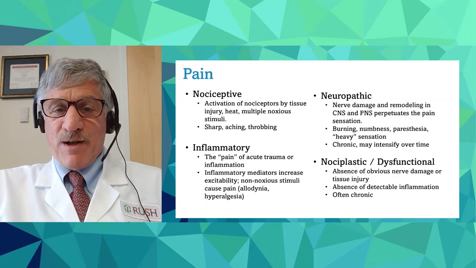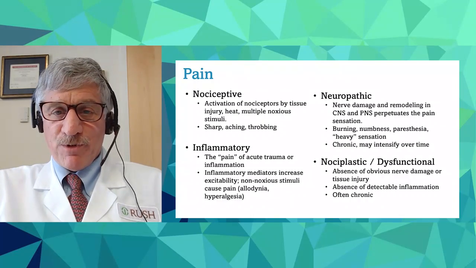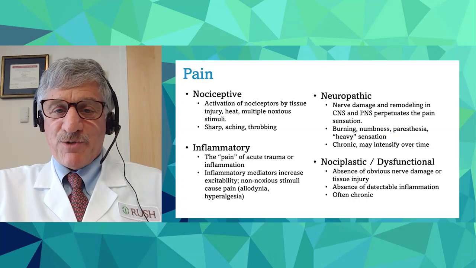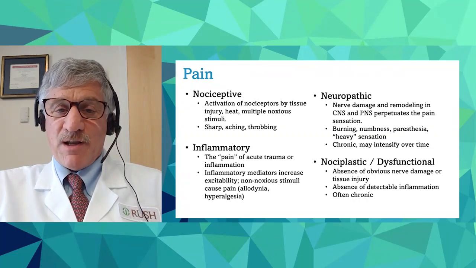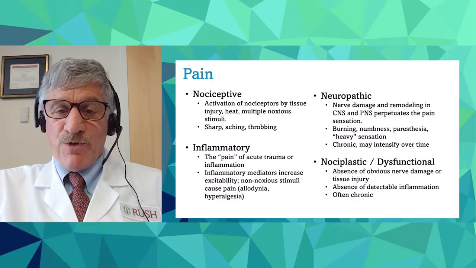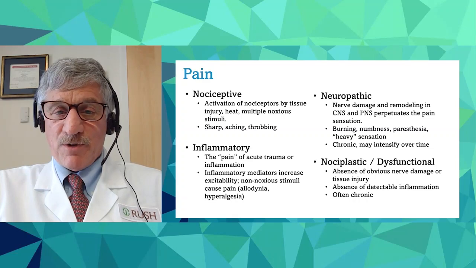Neuropathic pain involves actual damage to the neurons and remodeling within either the CNS or the peripheral nervous system. It's classically described as burning, numbness, or paresthesias, and it frequently becomes chronic and may intensify over time. Finally, there's nociplastic or dysfunctional pain, where there is no obvious nerve damage, no tissue injury, and no detectable inflammation.